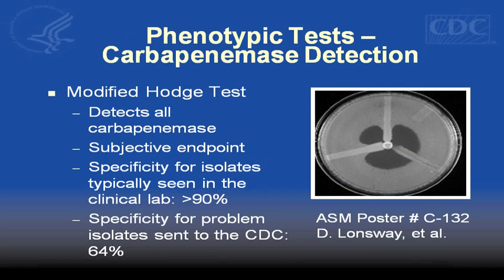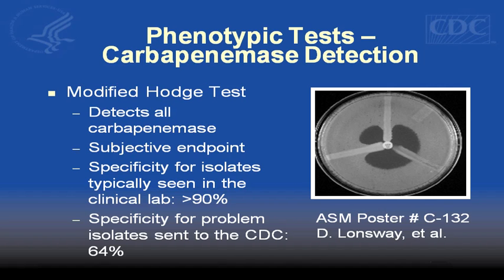Then there's the modified Hodge test that's used for detecting carbapenemase producers. And this is a test that our laboratory promoted. And I'll be the first to tell you that this test has problems. So one of the nice things about this test is it does detect all carbapenemases. I'll tell you about the spectrum of carbapenemases in a minute, but there are now KPCs, there are NDMs, there are IMPs, there are VIMs.